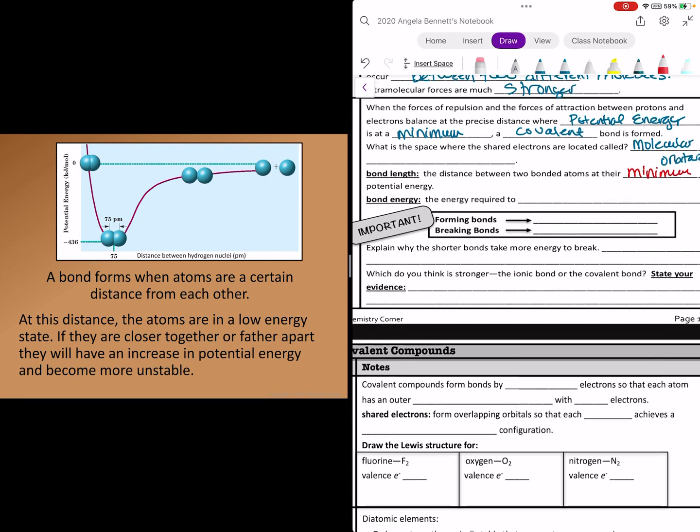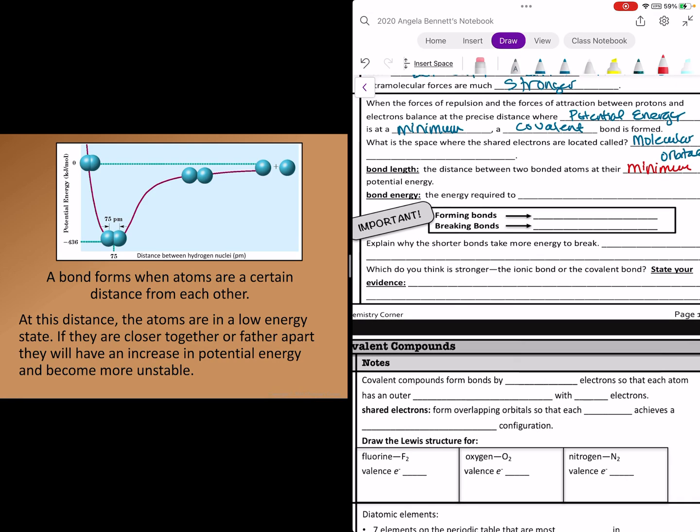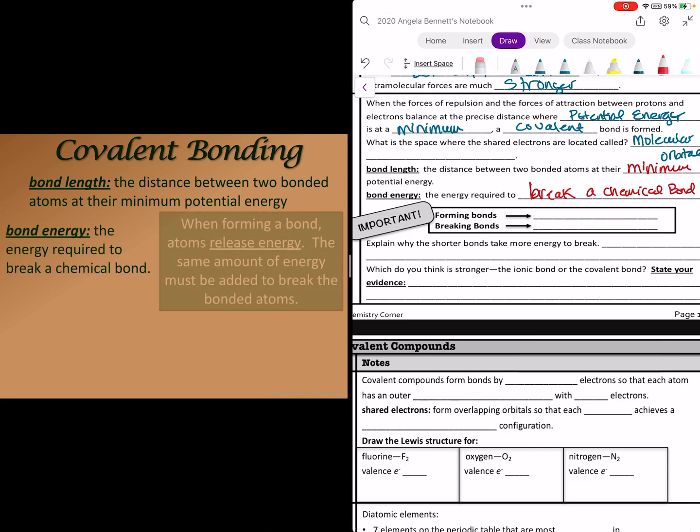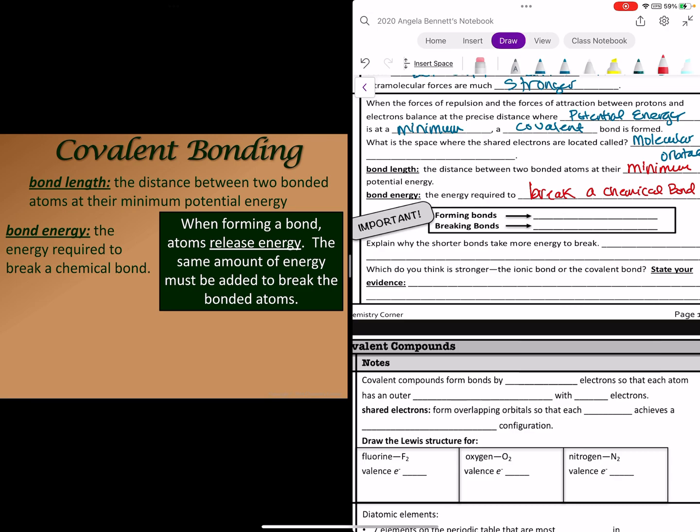Bond energy is the energy required to break a chemical bond. So how much energy do you have to put in to break a bond? It's called bond energy. When you're forming a bond, atoms release energy. Why?